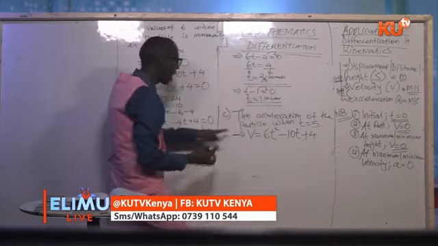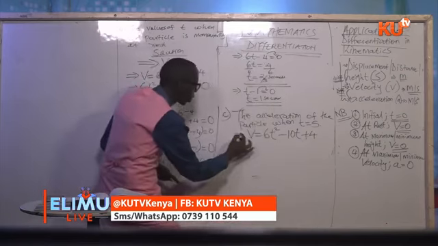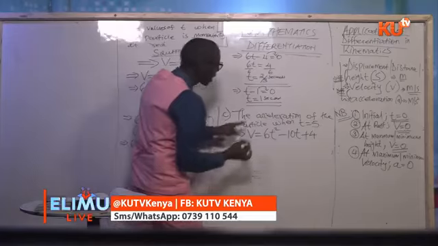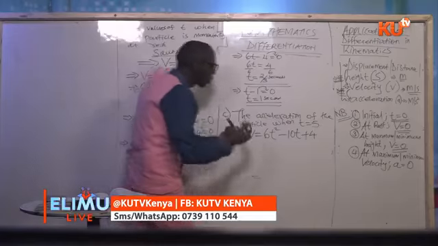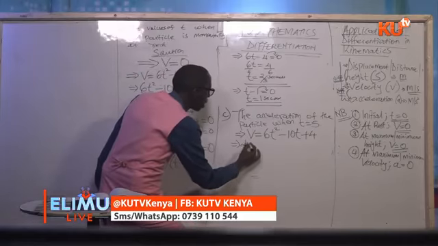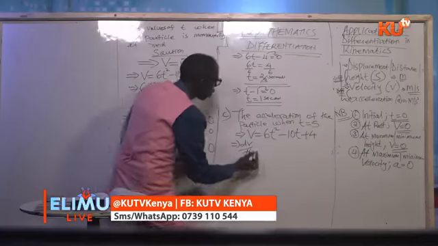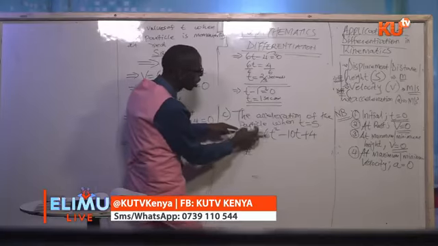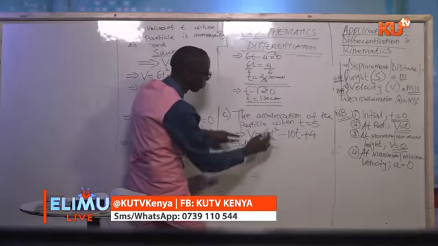So for us to get acceleration, we have to differentiate velocity. So our dv over dt means you are differentiating velocity with respect to t.